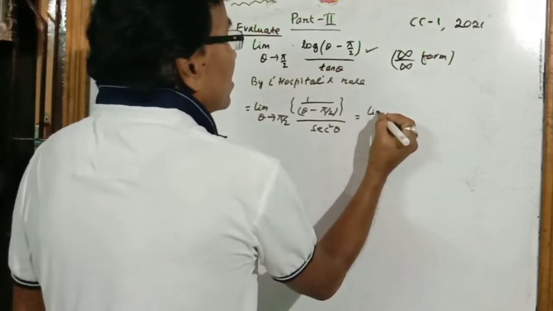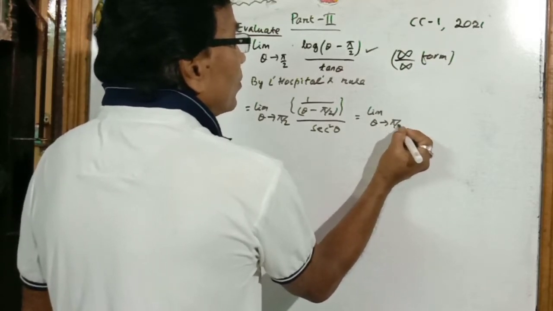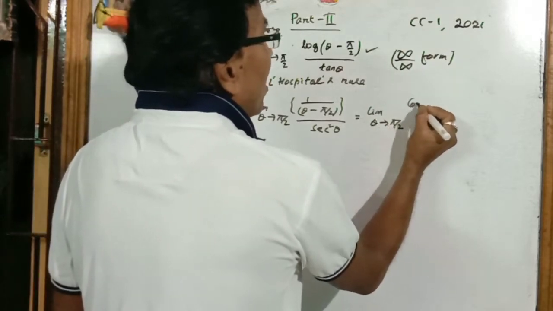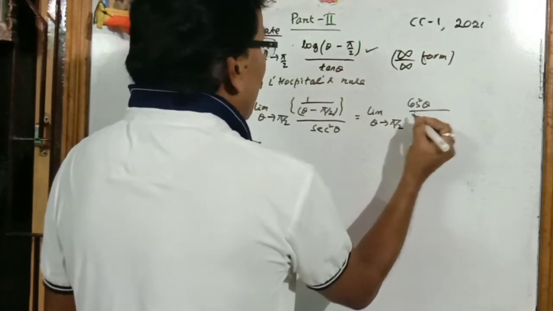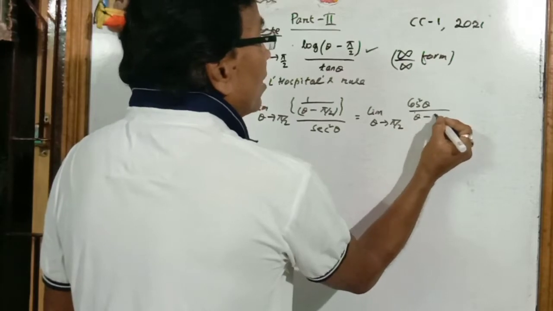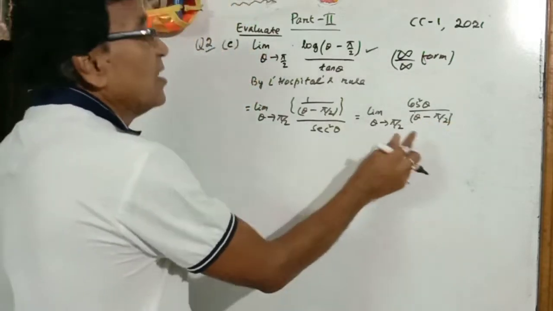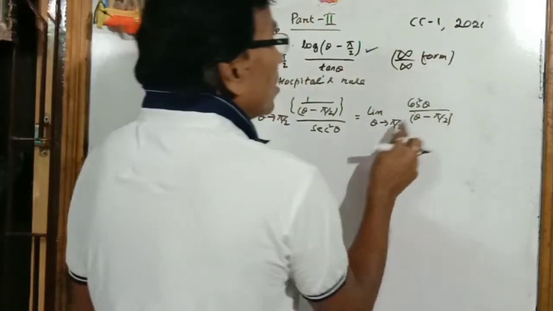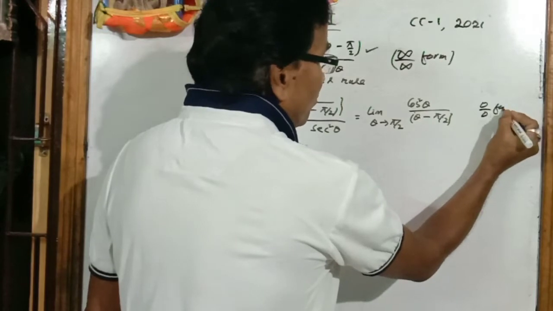it can be written as the limit as theta tends to pi by 2 of cos square theta divided by theta minus pi by 2. So again this limit is of the form cos 90 is 0, so it is of 0 by 0 form.